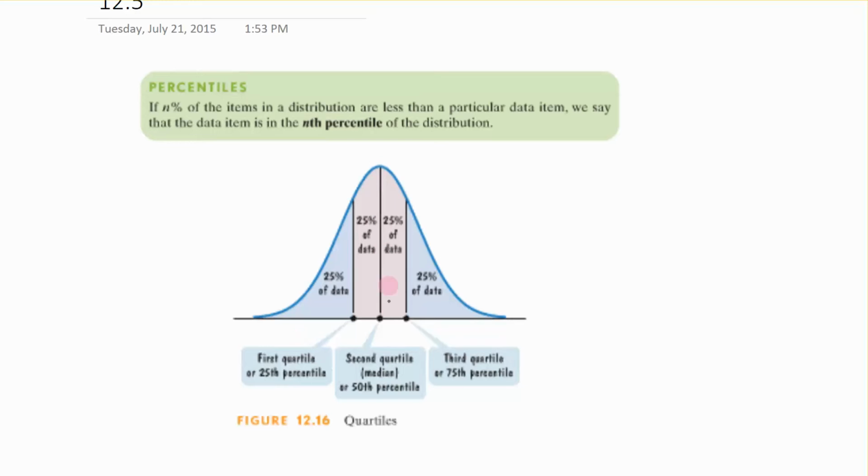This is the second quartile, which is also the median, and it is the 50th percentile. This is the third quartile, and that is the 75th percentile. Okay, so quartiles, it does mean quarters. We won't really use that much in our work, but I did want you to be exposed to that language.